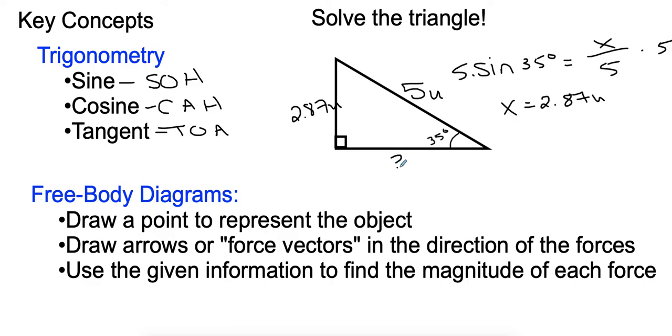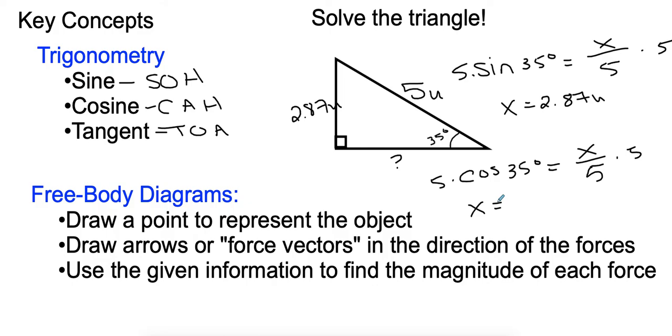If we want to figure out this one next, that side is adjacent to that angle, so we want to use cosine. Cosine of 35 degrees is equal to, we can call that x again, since we're using straight up right triangle trig here, adjacent over hypotenuse. That's going to be 5, multiplied again on both sides, so it's just 5 cosine 35.